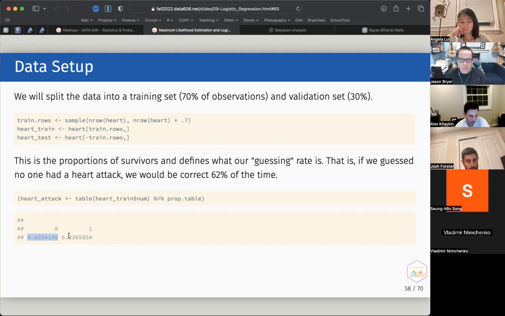The simplest model I could define here is that everyone doesn't have heart disease. That's my model, everything is going to be 0. If I put that model into practice, I would be correct 66% of the time. So we're looking for accuracies that get larger than 66%. And we'll come back to that in a few minutes.